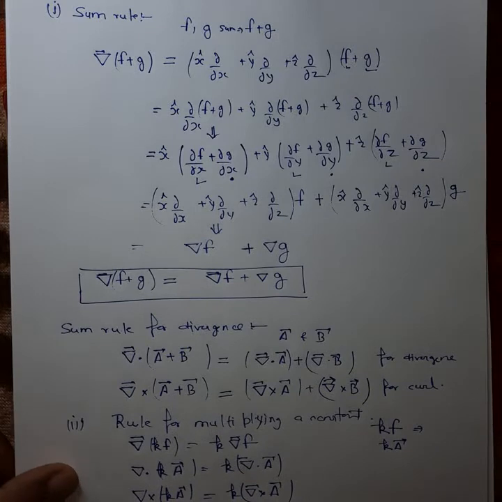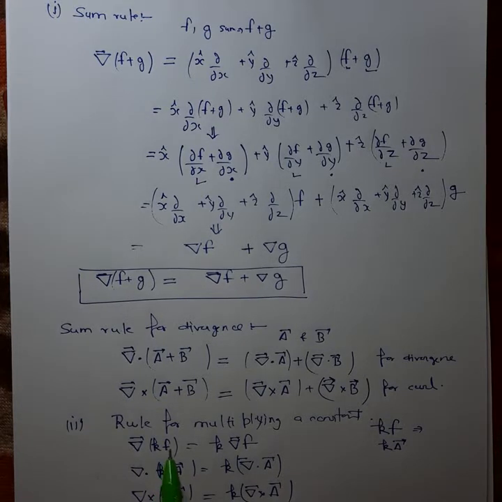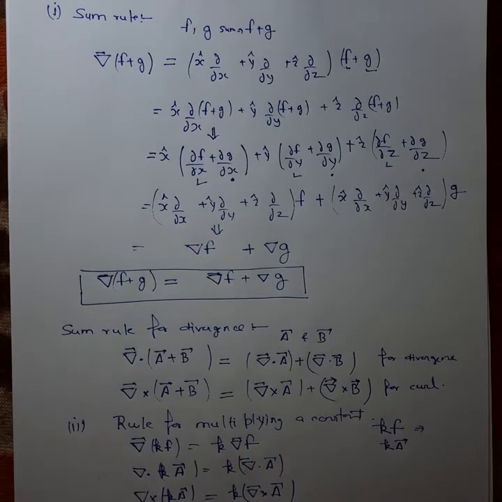So you see here that the sum rules, and the multiplication by a constant rule, are very simple and very similar to the ordinary derivatives, but the product rule will be very different. That is not so simple.